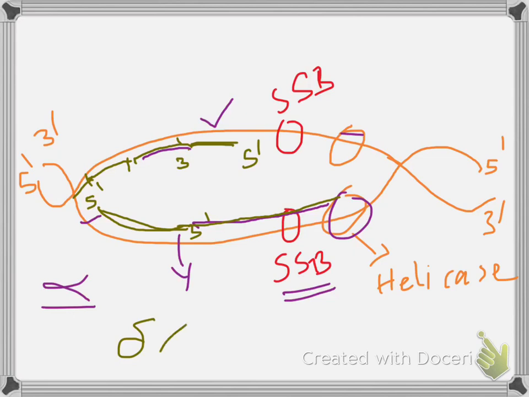This is a discontinuous process. Here, this is the discontinuous process, but this is a continuous process. So this will continue in both strands. DNA polymerase alpha and delta add the nucleotides.